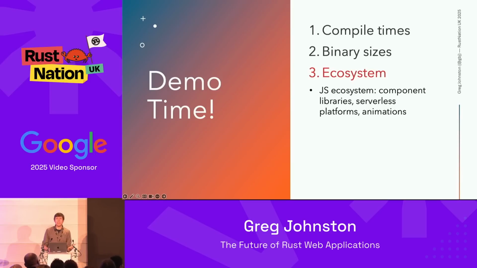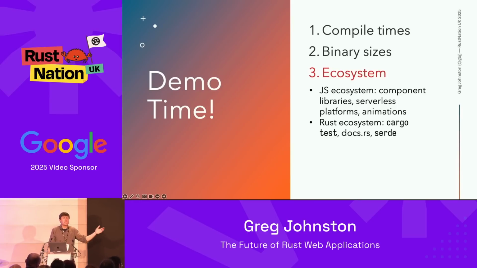When I talk about ecosystem, and when I talk about the advantages of the Rust ecosystem, I'm talking about things like cargo, cargo add, cargo test, docs.rs. Beautiful. These amazing things that exist in Rust, in the language, and in the ecosystem, having exhaustive pattern matching, having result types, right?